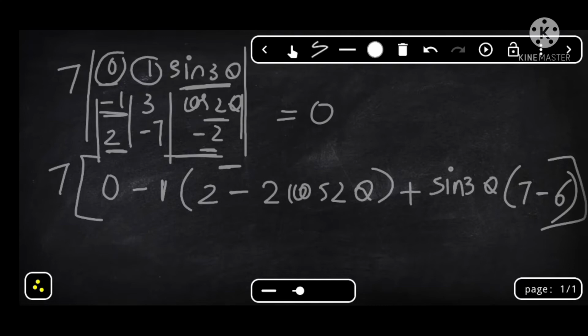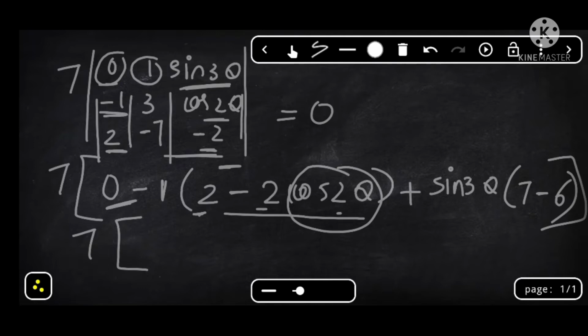So what will be the solution here? It will be 7 into, so here 0 we need not consider. Okay, so from this we can take 2 outside, right? Because here we have a 2, here we have 2. Can we take this 2? We cannot, because it's an angle. So an angle we cannot take as a single element or single number.